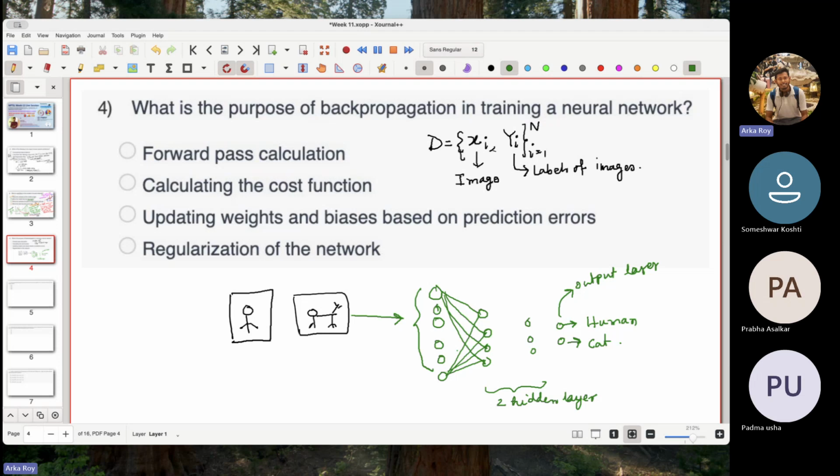As I have already told, each neuron in the next stage is connected with all of the neurons in the previous stage. So this is the neuron in the jth layer and this is the previous layer i. You can see this particular neuron is connected with all of the neurons from the previous layer. The same thing over here, and likewise you can do this.